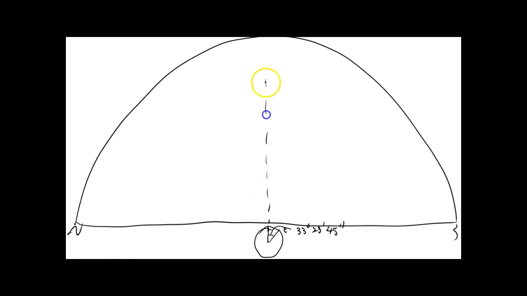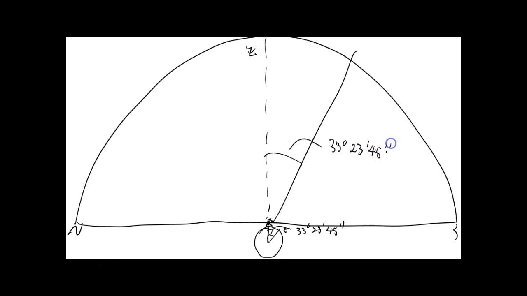Directly overhead is called our zenith. Okay? Here we are standing right here in Bessemer, Alabama. So the celestial equator is about right there. And that is 33 degrees, 23 minutes, 45 seconds below us, from our zenith down there.